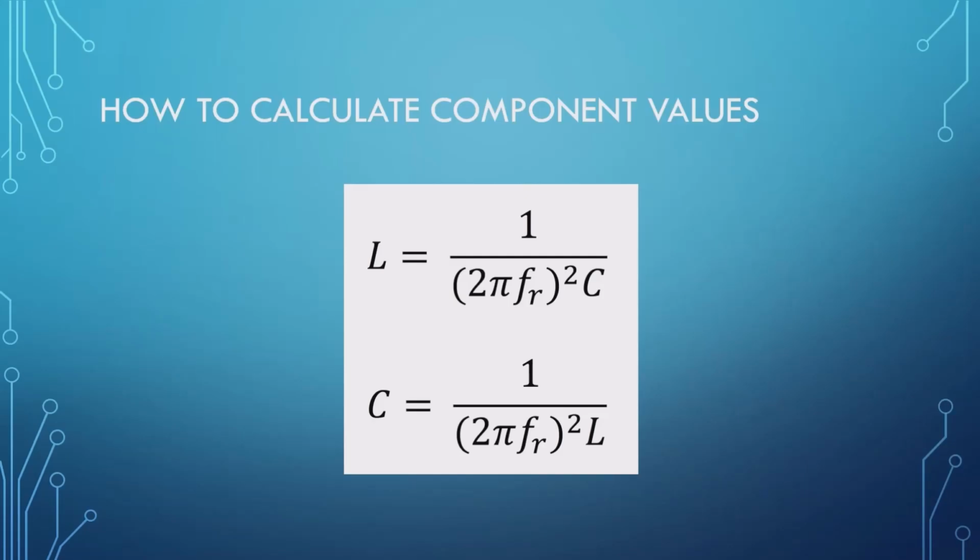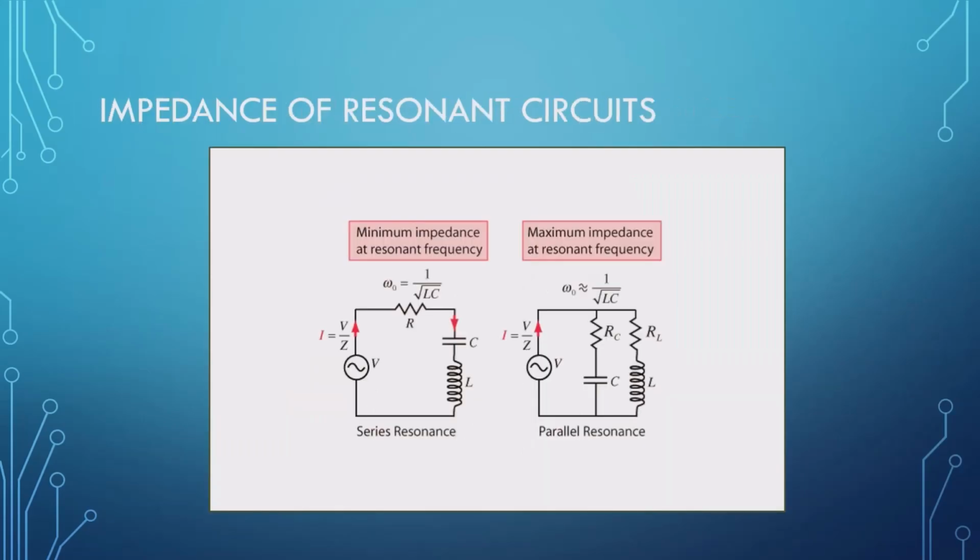If we had a known inductance value and needed to know what capacitor, we can use 1 divided by 2 pi at the resonant frequency squared times the inductance. We're going to look at some resources that take all the math out for you and say, here's what you need to do. But this is just to give you some background of how they did it before us.